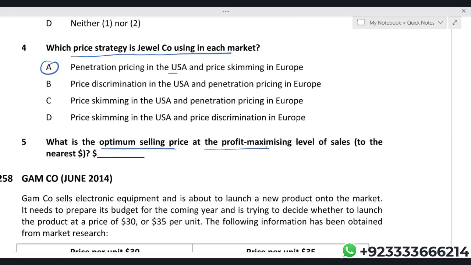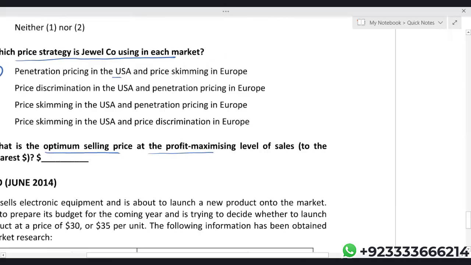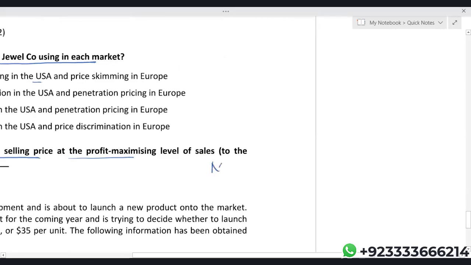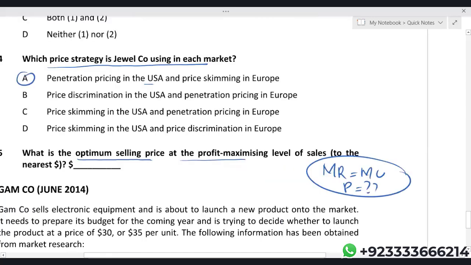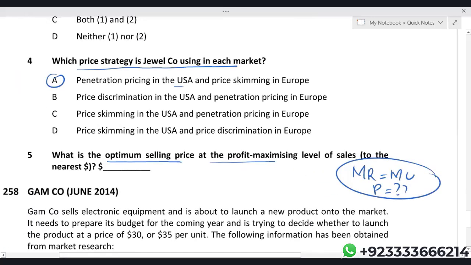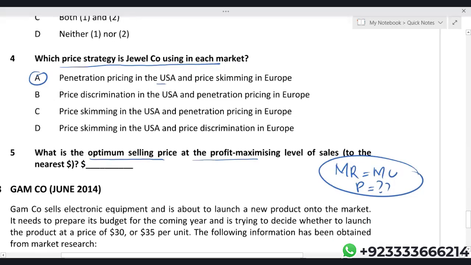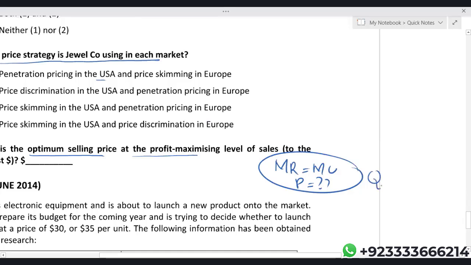We know that profit is maximized when MR is equal to MC. At this level, what should be the price? They are asking. Read it again. What is the optimum selling price at the profit maximizing level? And at this level, they have already given us the quantity, which is 32,000 units.